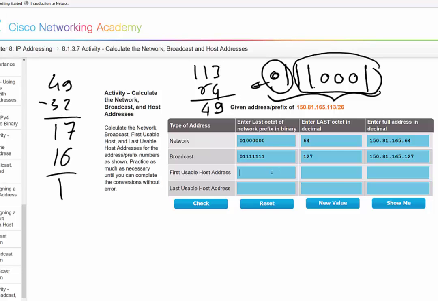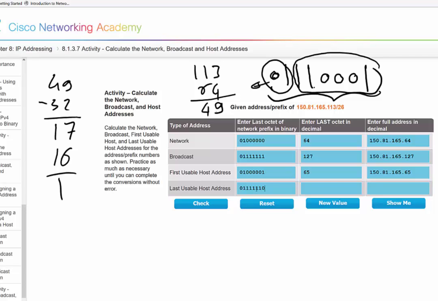The first host address will be 01 and then all zeros except for the last bit, which is 64 plus 1, so that's 65. The full address would be 150.81.165.65.